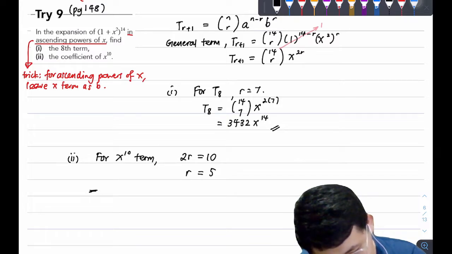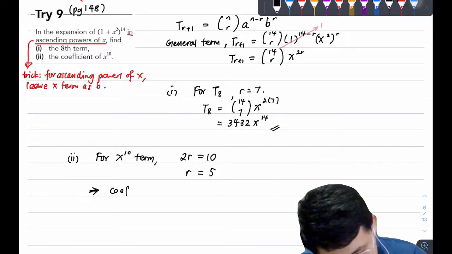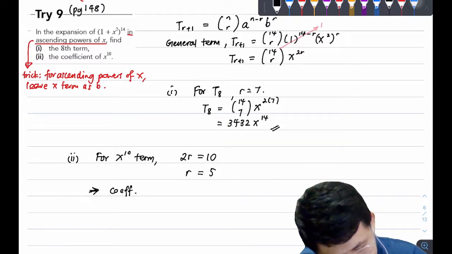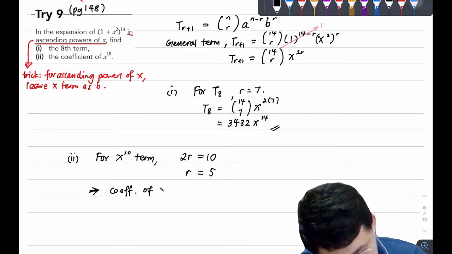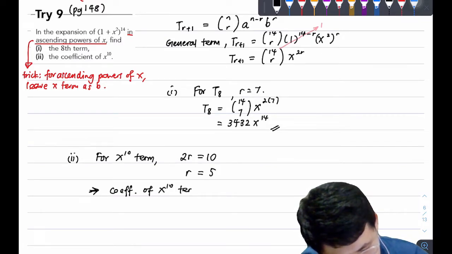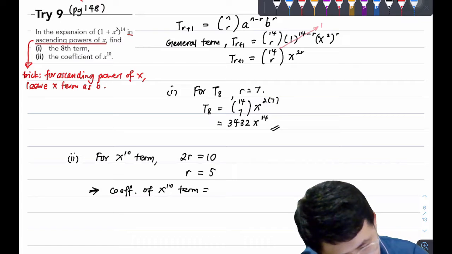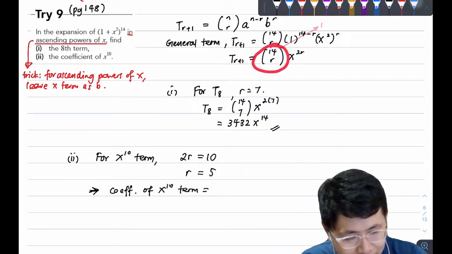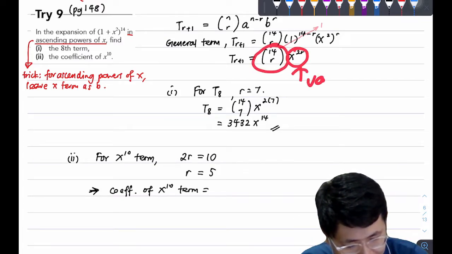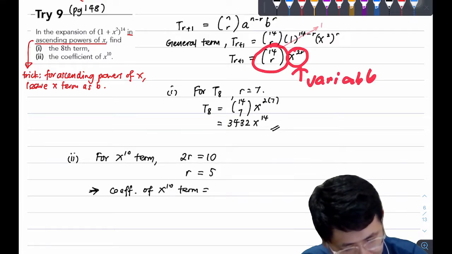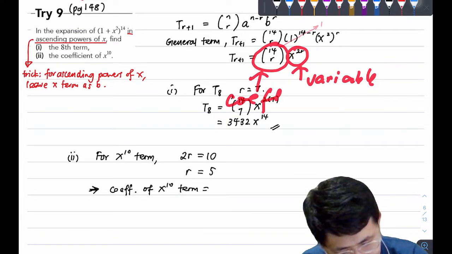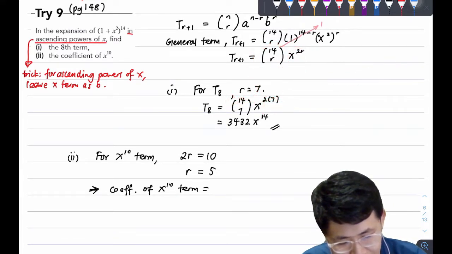So the coefficient of this term is going to be just the front part, because this is the variable part and this is the coefficient part, so we just need the coefficient in front.